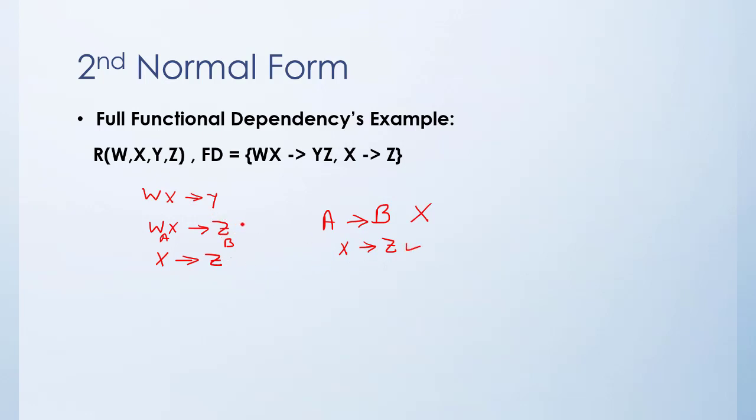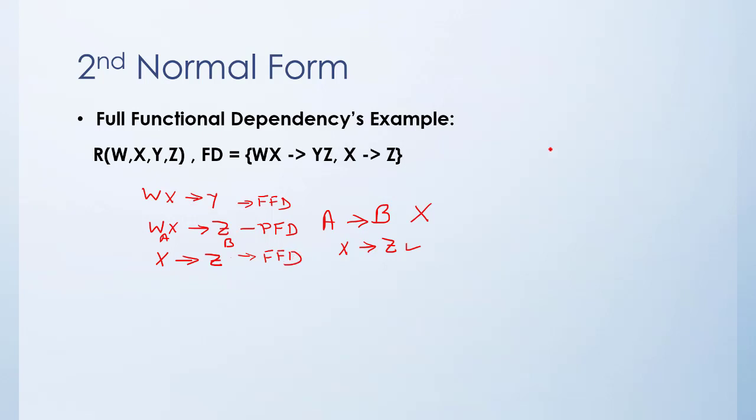So this is not a full functional dependency. This functional dependency is a partial functional dependency. But here if we remove W, X determines Y does not hold. Similarly, if we remove X, then W determines Y does not hold. So this is a full functional dependency. Similarly here there is only one attribute on the left hand side, so it is also a full functional dependency.